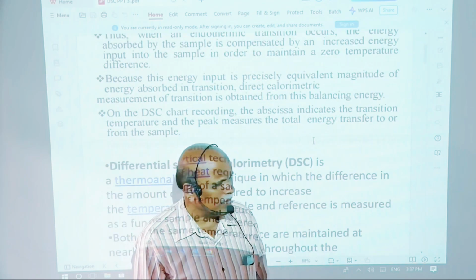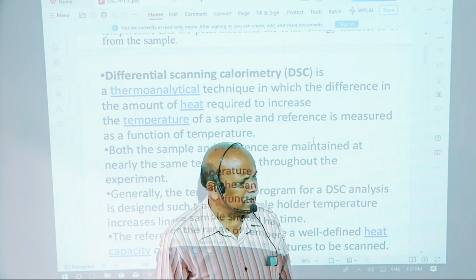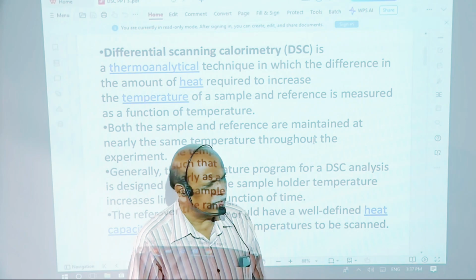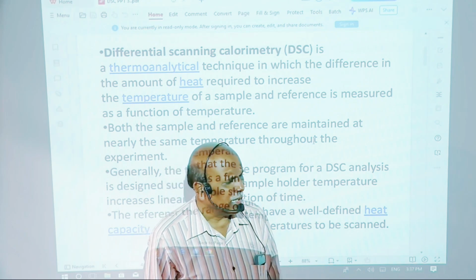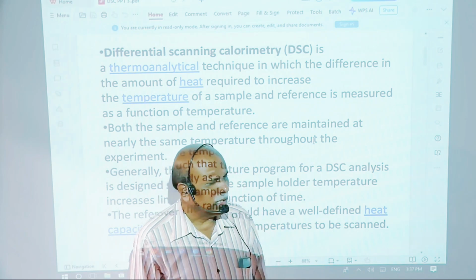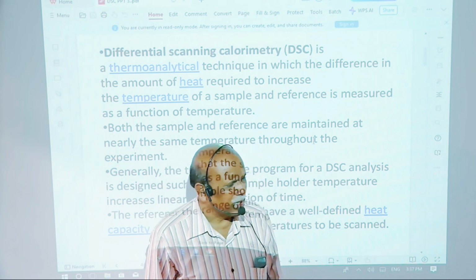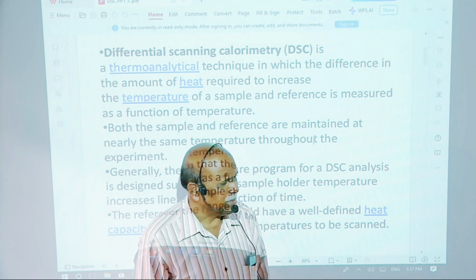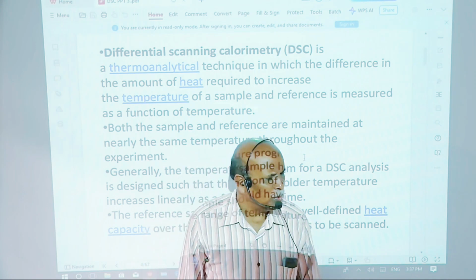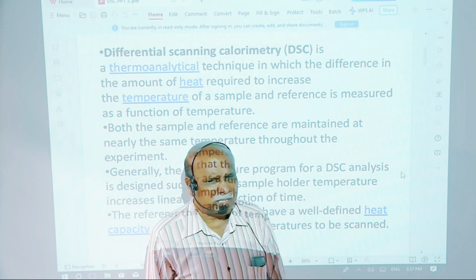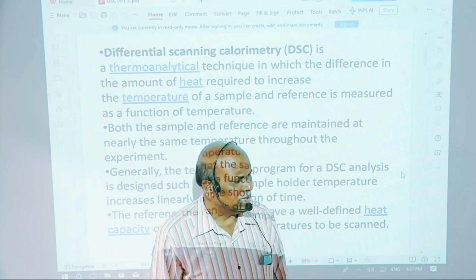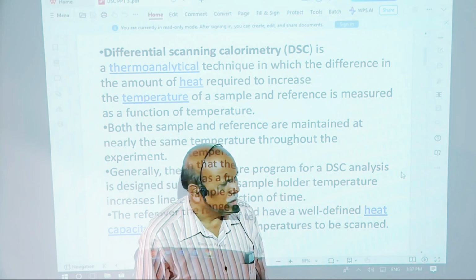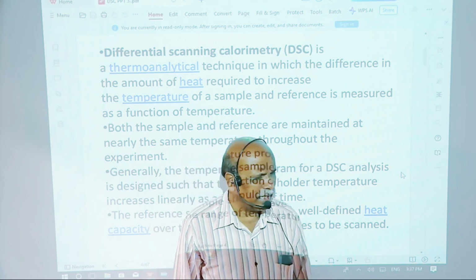DSC is a technique in which the difference in the amount of heat required to increase the temperature of a sample and reference is measured as a function of temperature. Both the sample and reference are maintained at nearly the same temperature throughout the experiment.